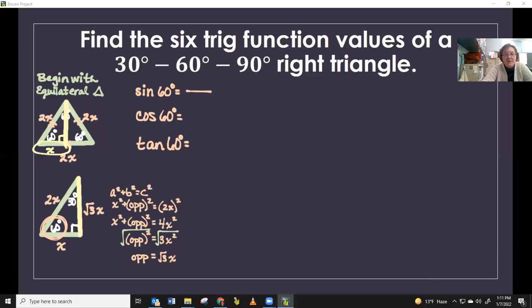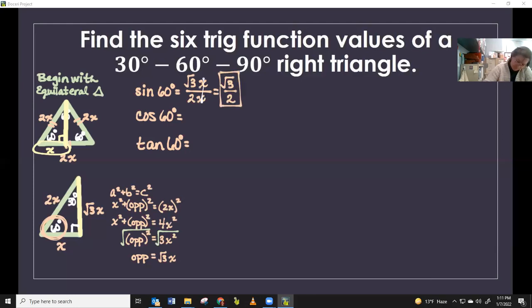When I do opposite over hypotenuse, sine of 60 degrees, what will we get? Yes, square root of 3x over 2x. Just like before, I'm going to see my x's cancel out. So I'm going to have square root of 3 over 2.